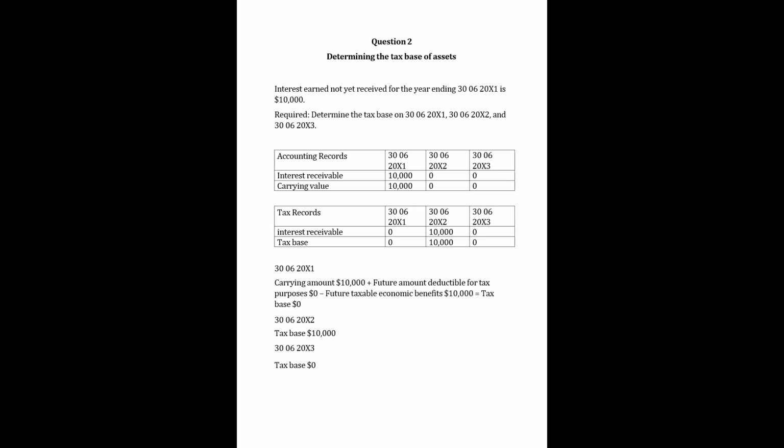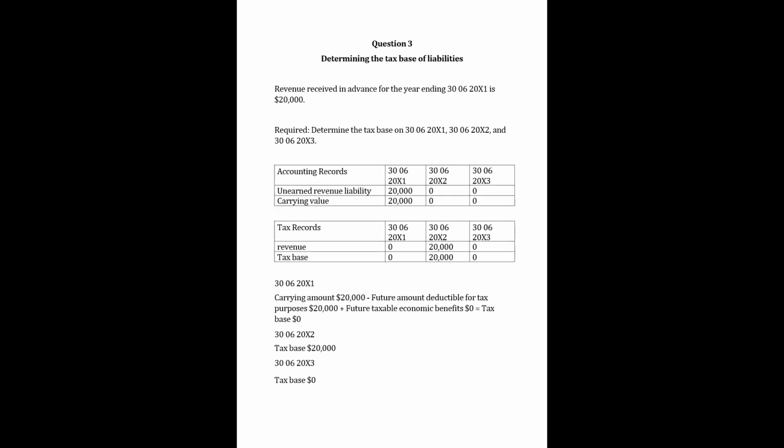So when we look at this table, we can either go through this detailed type of calculation or just look at the table and determine the tax base. So if you just look at the tax records table, in 20X2 our tax base is $10,000, and in 20X3 our tax base is 0.